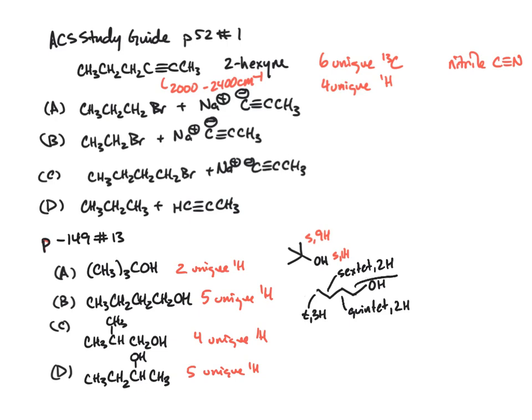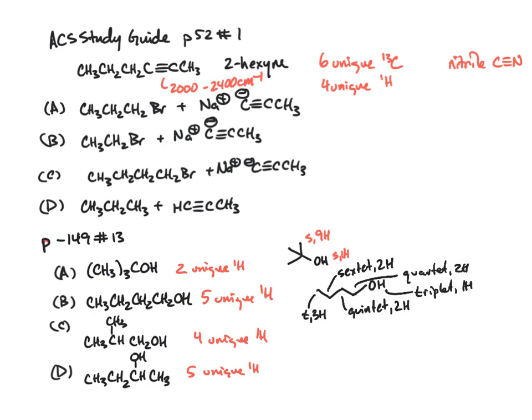So out here we have a quartet that integrates to 2H, then this would be a triplet that integrates to 1H. And what you're going to find when we go through the rest of these is that this is not going to have those type of signals.